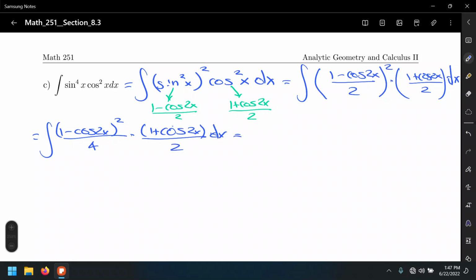Okay, so number one thing we can do is multiply that 4 with the 2 in the denominator, and at the same time take it outside of the integral as a 1/8.